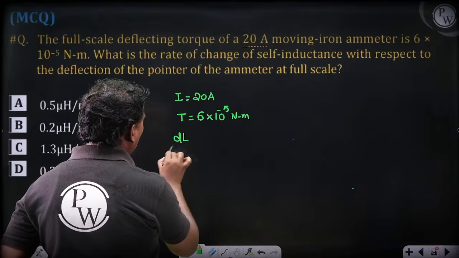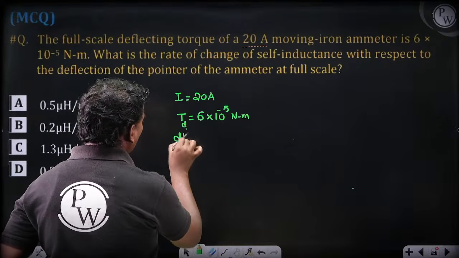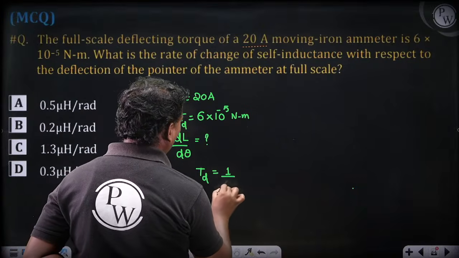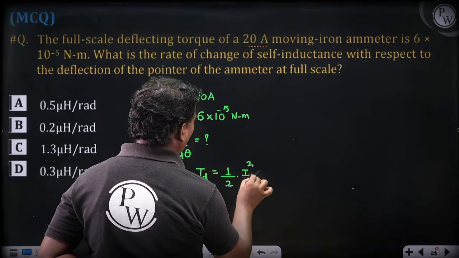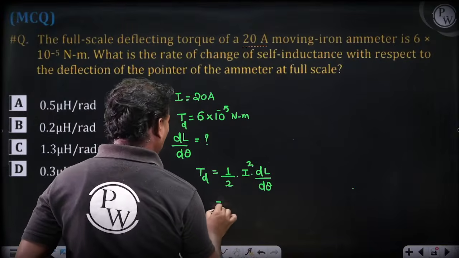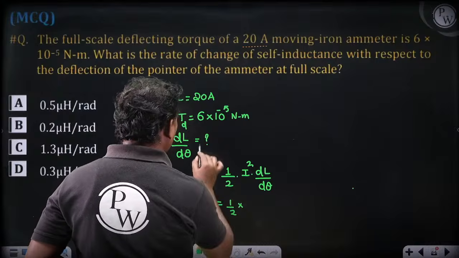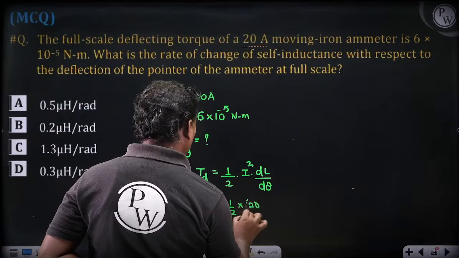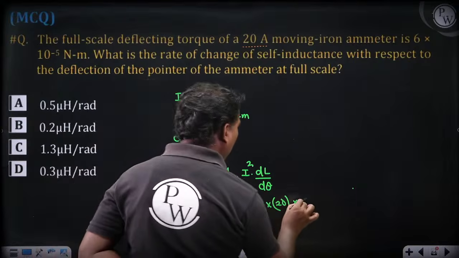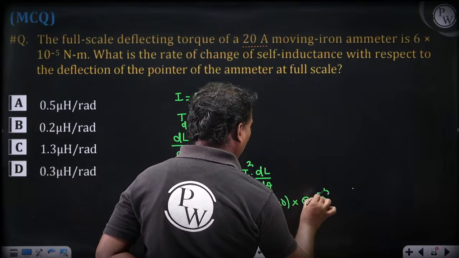So dL by d theta is being asked. The deflection torque is given, so Td I can take as 1 by 2 I square dL by d theta. Current is 20 amperes, that is 20 into 20.